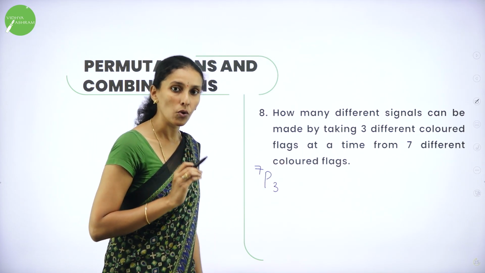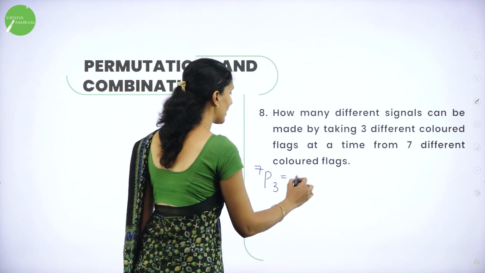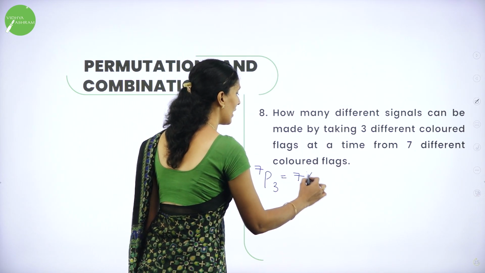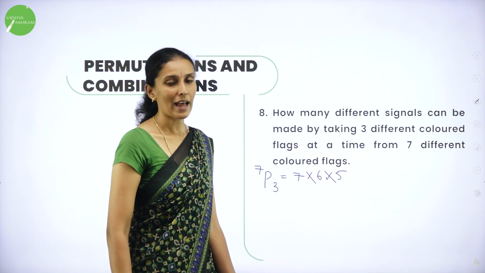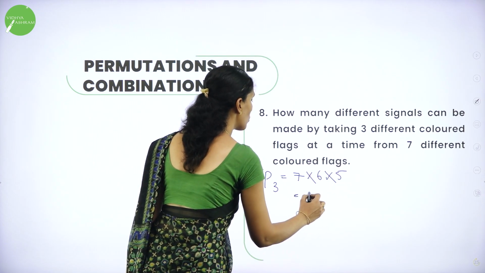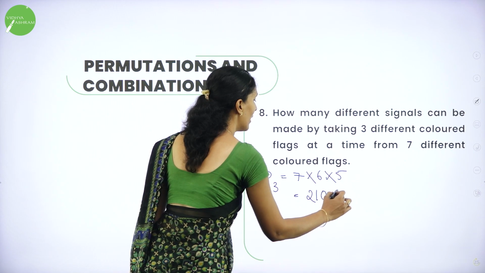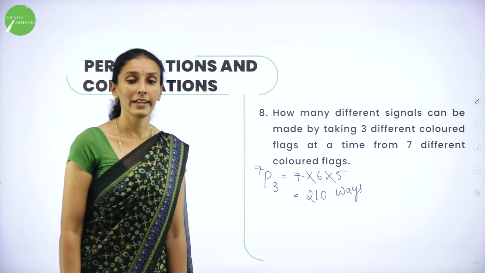Since you have to choose only 3 flags, just write only 3 factors, that is 7 into 6 into 5. So how many ways can you arrange those flags? 210 ways.